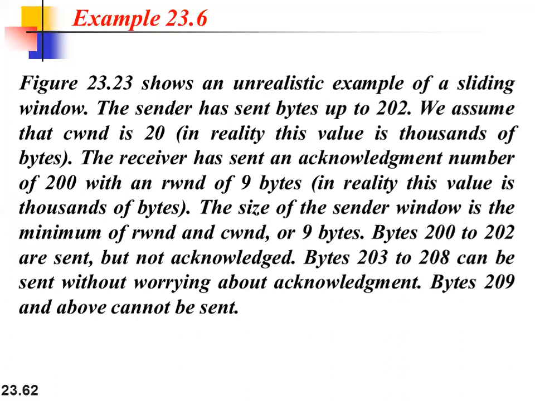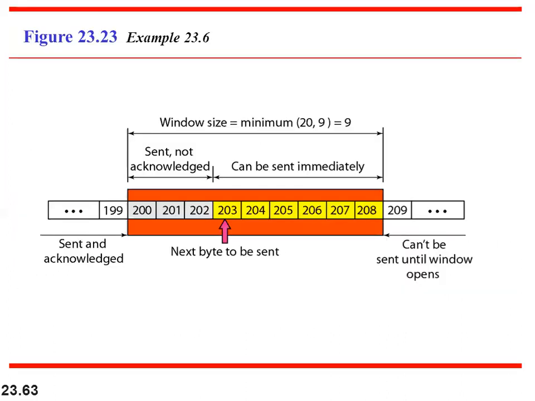Now here is an example. Let us say we have the sender's window covering byte numbers from 200 to 208. That means all the bytes before 200, up to 199, the sender has already transmitted and has already received the acknowledgement for. So for these bytes, sender TCP need not worry.